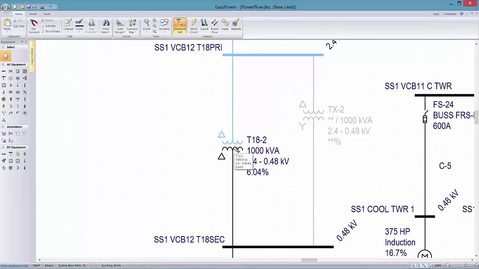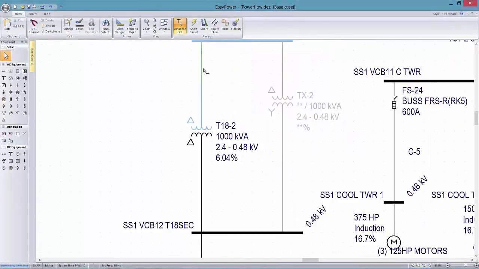How is that going to affect our system if we swap out a delta-delta connection versus a delta-Y? This function is actually not necessarily part of load flow. It is included in standard EasyPower.